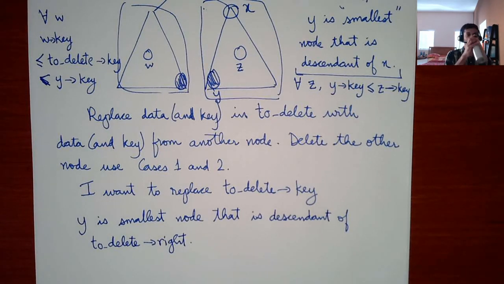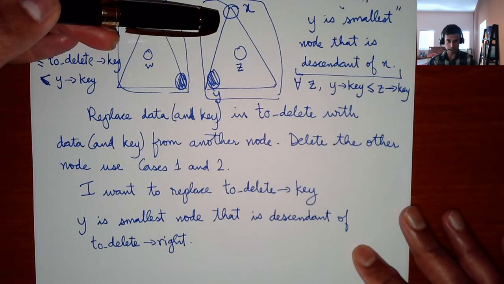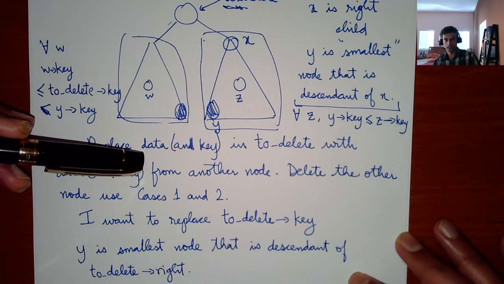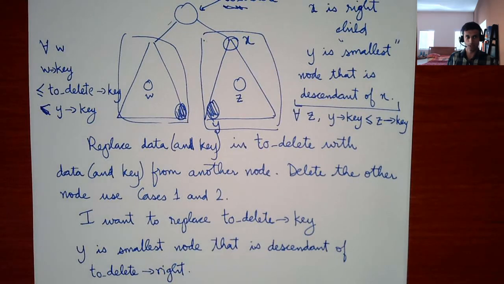How do you find Y? Start from X and keep going left. And you keep going left until you hit null. So you know that Y cannot have a left child. Therefore, Y has at most one non-null child.